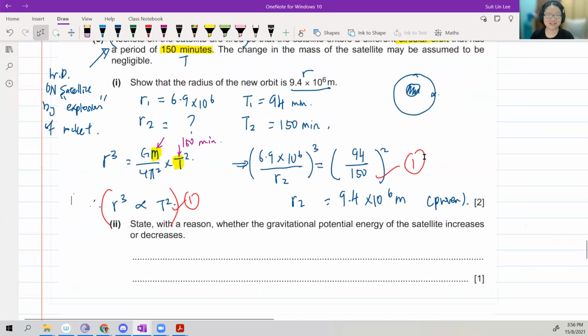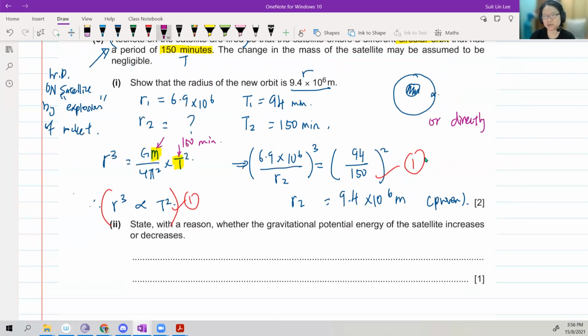If you directly substitute, you have to know this ratio method, because sometimes they will give you information in a graph, sometimes they'll give you information in a table. If you have done enough past year questions, you know that sometimes you have enough information to directly substitute. If not, then you have to use ratio, because ratio allows you to find the period without knowing the mass. Of course, you could say, nah, teacher, I use the first set of values to find the mass and then substitute into the second set of values. Okay, sure. More steps.